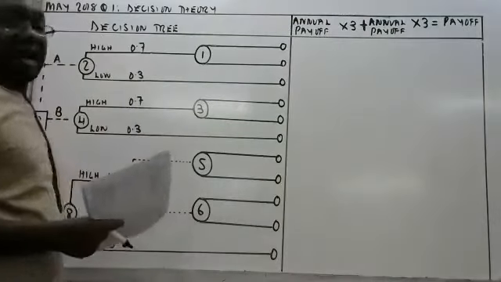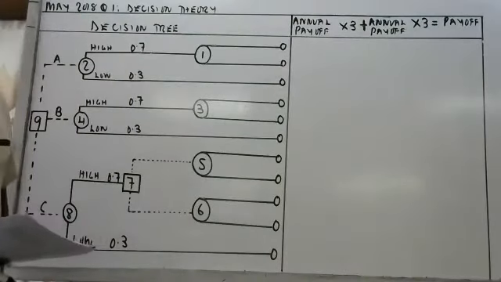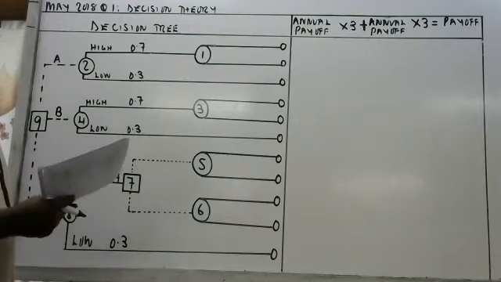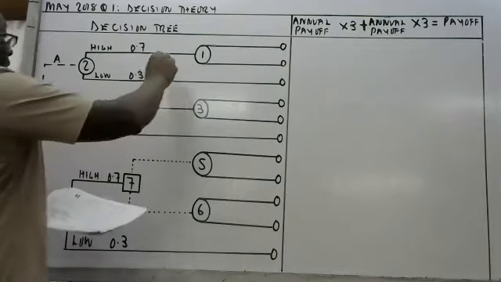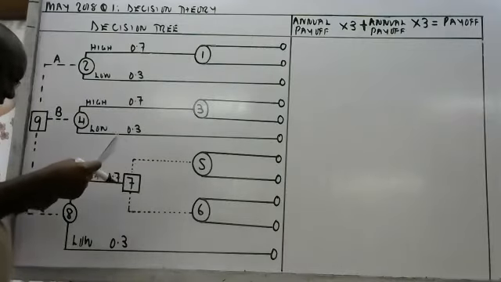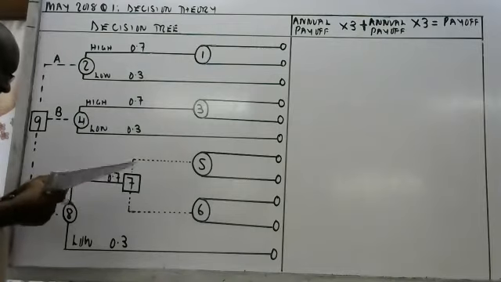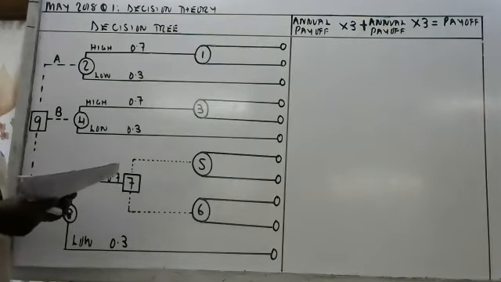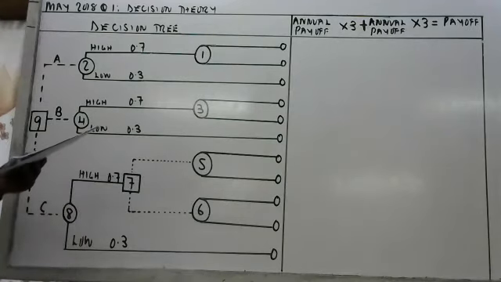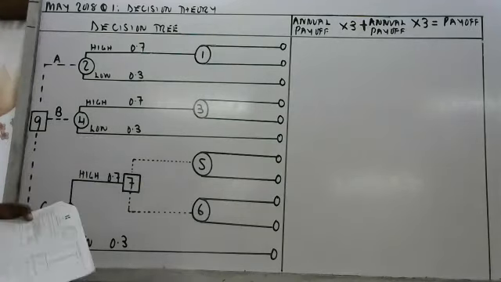So having argued that way, when I come here, let's proceed step by step. Now in information number 2, we are told when you install A, it will cost you 10.8.